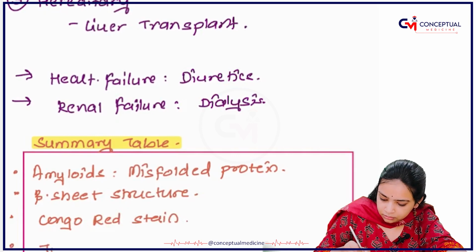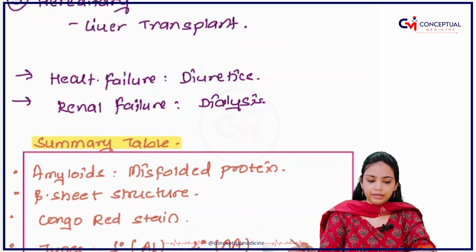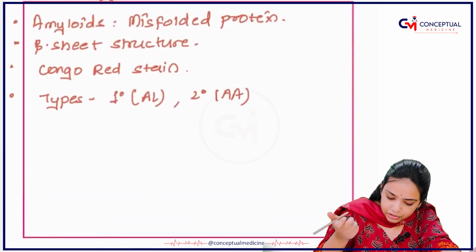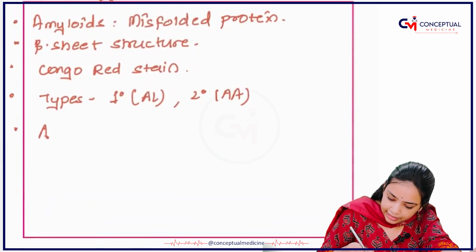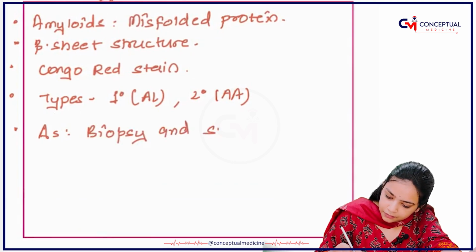types. What are the types we had? Primary, that was the AL type. Then you have the secondary, the AA type. These are basically the most common ones. Then you have certain generalized clinical features for them that we are not writing. Diagnosis is basically based on the biopsy and special stains.